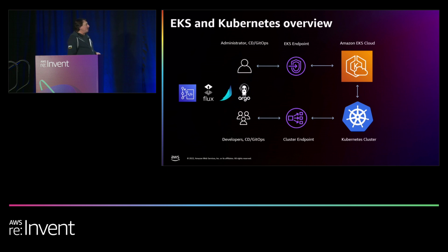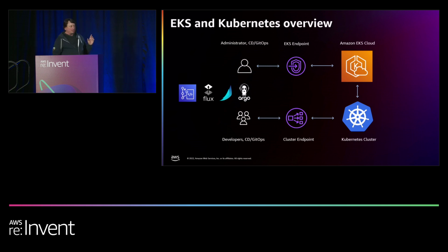So along the top line here, we see a single administrative user. This is typically the person who's going to set up your cluster. The persona is that of maybe a sysadministrator. They're going to use the EKS regional endpoint, and they're going to set up the configuration of your service in the EKS cloud. The bottom line is more of your developers, your CD tooling, your automation systems, and they deal with Kubernetes through the cluster endpoint, which is a network load balancer that we set up for you in front of the cluster.